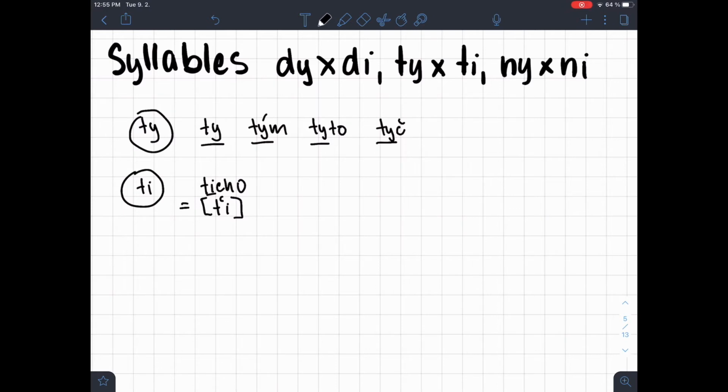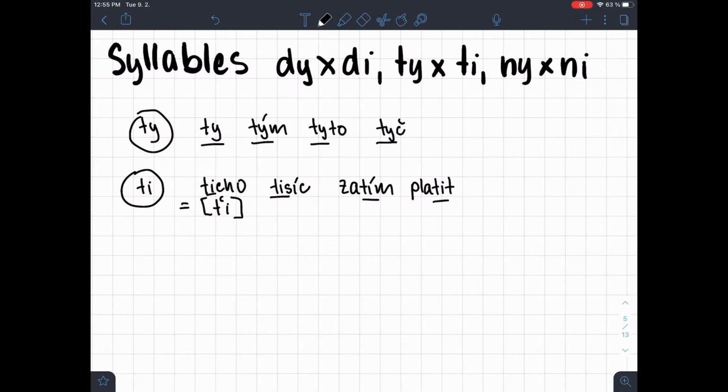Ticho, tisíc, zatím, platit. So again, ticho, tisíc, zatím, platit.